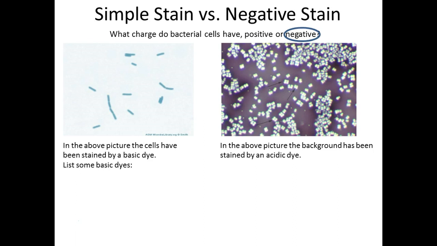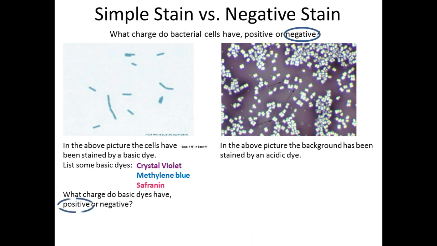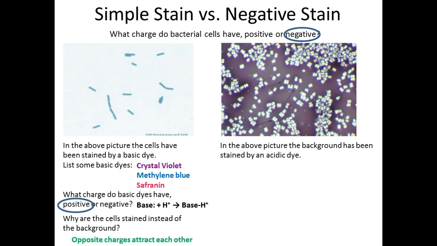Some of the ones that we've used are crystal violet, methylene blue, and safranin. We'll use some of these again today. As you see in the picture, because they're basic, they're positively charged, they stain what? The cell, right? They're attracted to those negative components, opposites attract, and the cell gets stained.